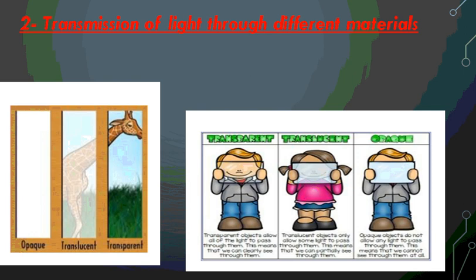When you put an opaque object on your face, we cannot see through it, as opaque objects cannot transmit light through them. So light is clearly transmitted through transparent materials, partly transmitted through translucent materials, and cannot pass through opaque materials.